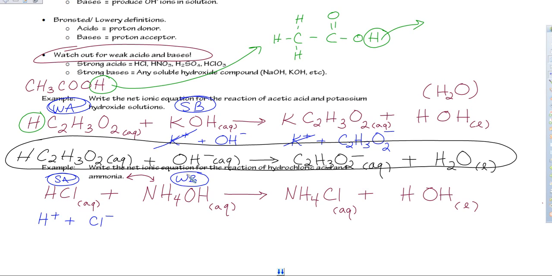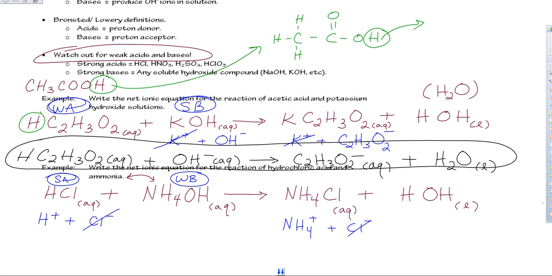On the product side, we said this ammonium chloride is highly soluble. So yes, we get to split this guy into ammonium and chloride ions. But no, we do not get to split water. Water's together for life. So again, I'm looking for any ions that are the same on both sides. And there is only one, just chloride.